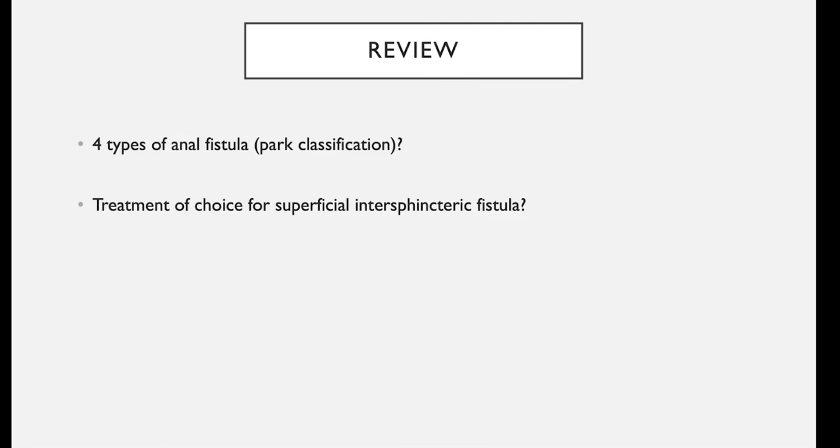So there's type 1, which is intersphincteric. Type 2, which is, I think, transsphincteric. Type 3 is, well, type 4 is suprasphincteric, but encompasses early. I don't know what type 3 is. You did intersphincteric, transsphincteric, supra, and then there's one that doesn't involve it at all.